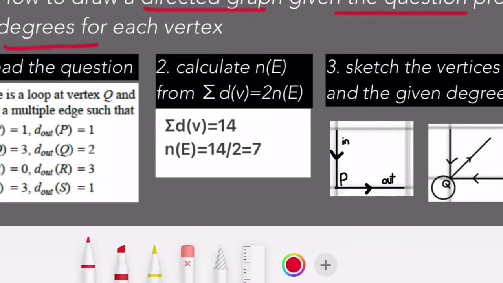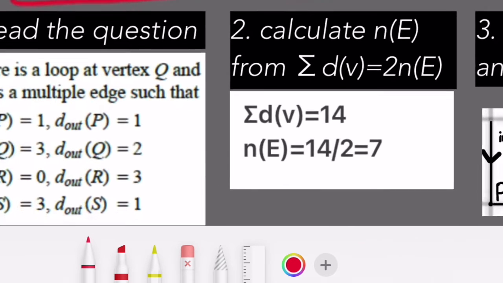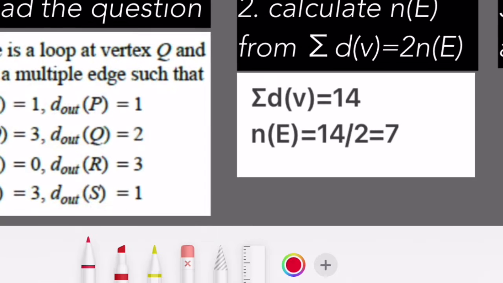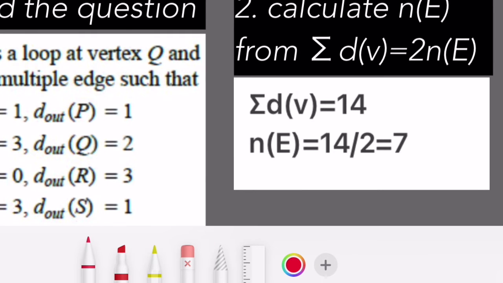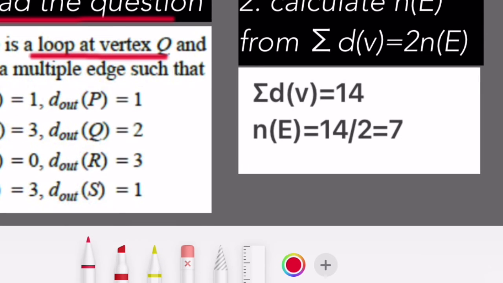Let's say they give you the number of degrees and vertices like this one. First of all, you have to read the question. There is a loop at vertex Q. Okay, there is a loop.